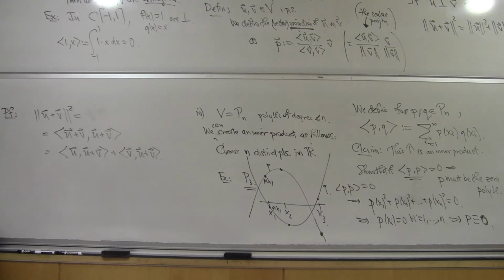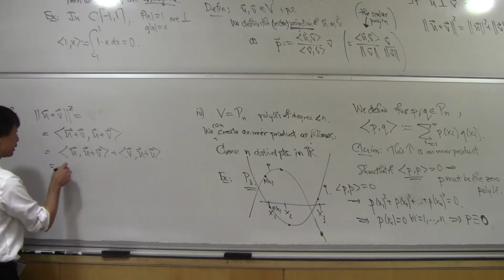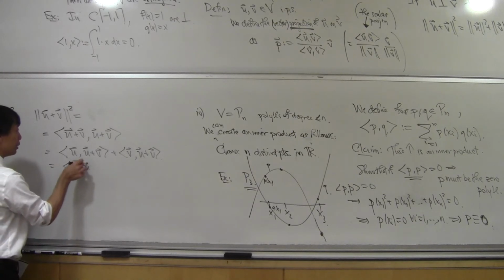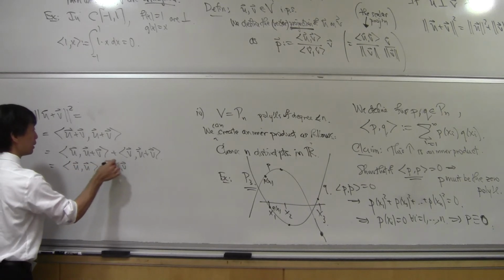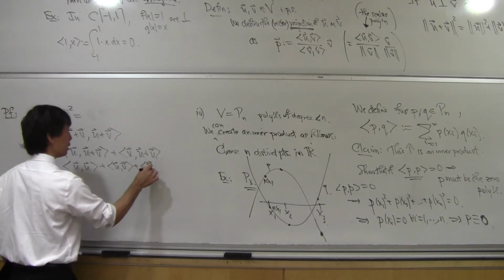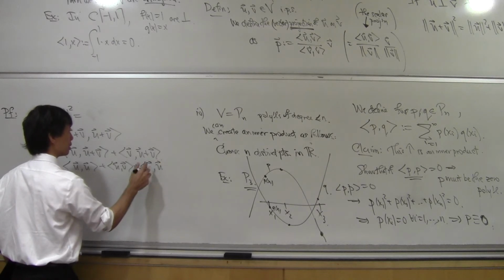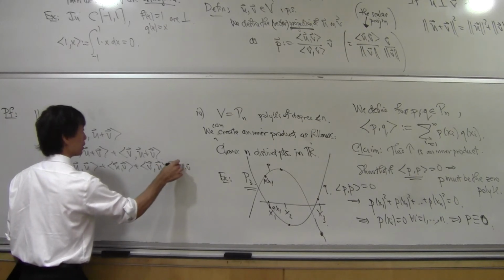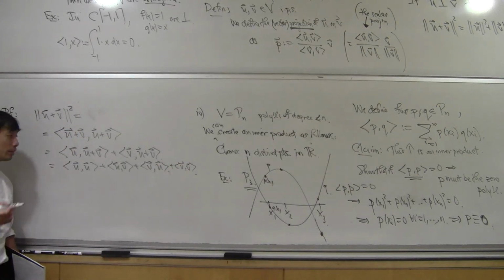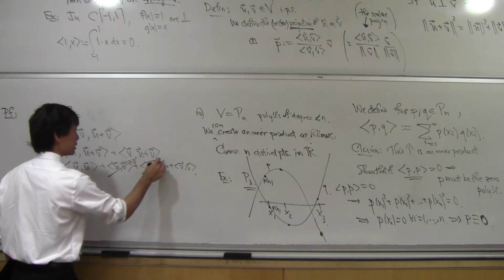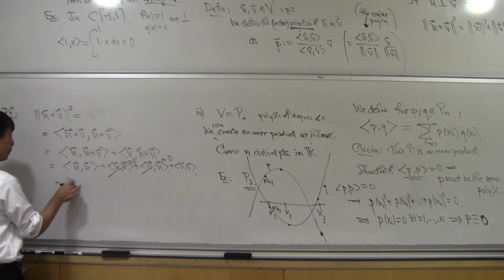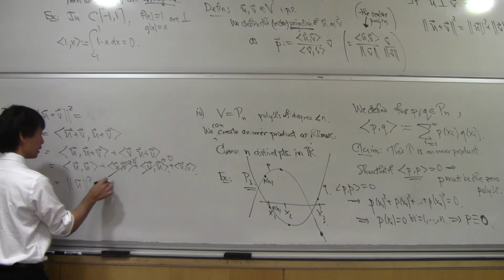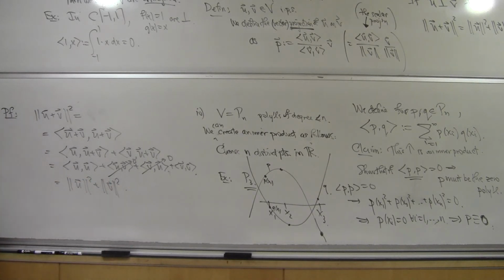I mean, you just think of it as the distributive property. Okay. Using linearity in the second variable, you get uu plus uv plus vu plus vv. But as we saw last time, these cross terms are 0, and so you end up with the magnitude of u squared plus the magnitude of v squared. Okay.